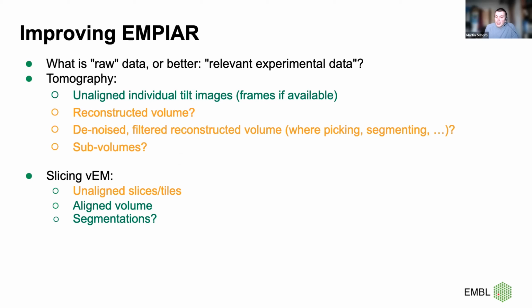And that's where you do your segmentations, because the segmentations contain all the relevant context of the different morphologies of the organelles and so on and so forth. So you see, even deciding what part of the data is relevant for the upload is not always straightforward.